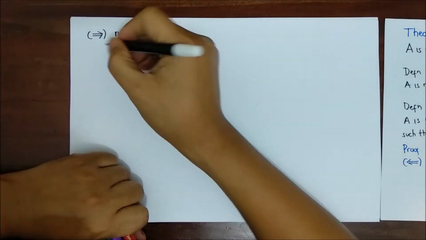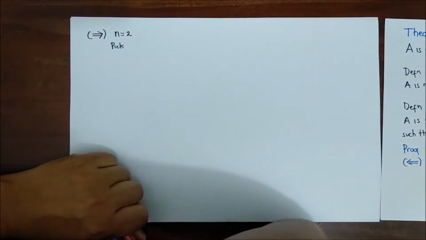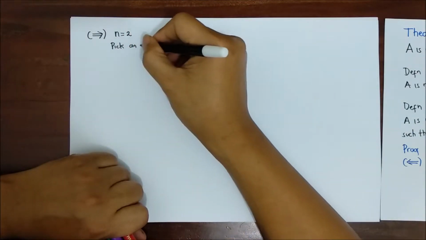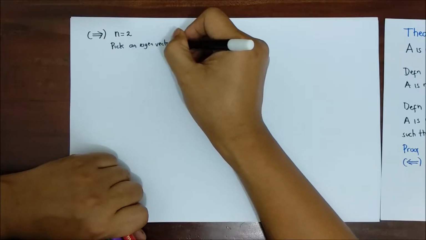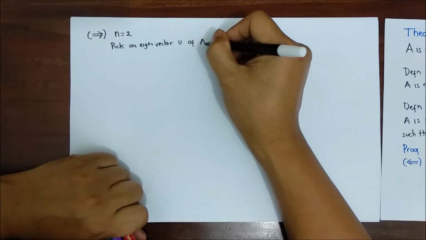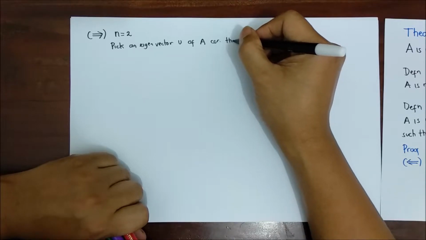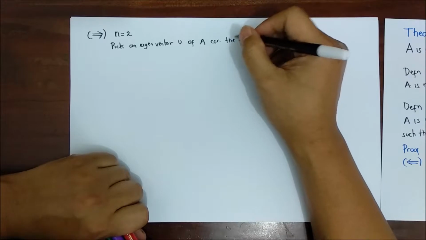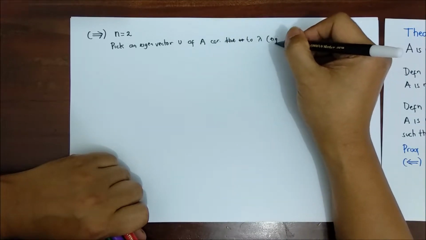First pick an eigenvector u of A corresponding to the eigenvalue lambda. This is the eigenvalue.